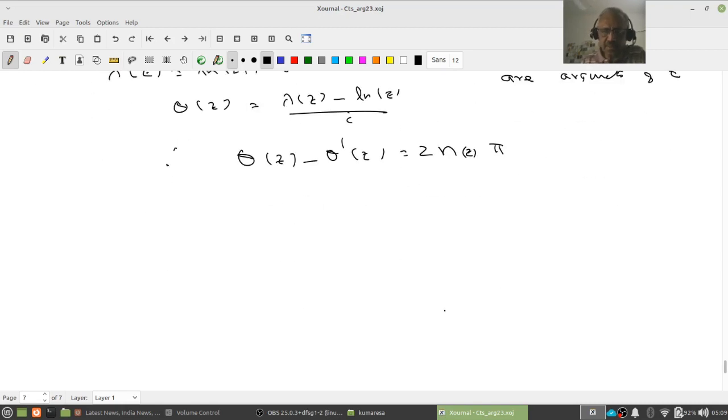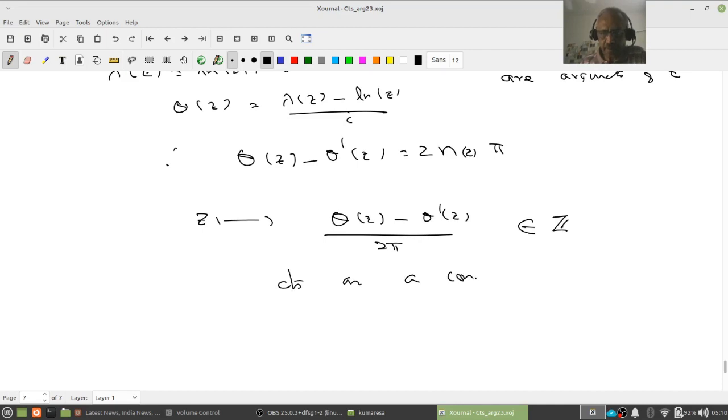Therefore, let's look at the map z going to theta of z minus theta dash of z, by 2 pi. This takes values in Z, and this is a continuous map on a connected set U. Therefore, this map, if you call it f, f of U is contained in Z. This is a subset of real numbers.